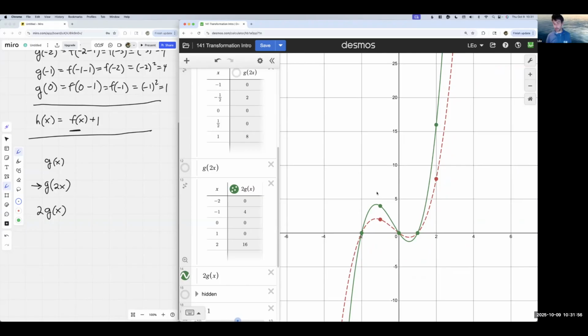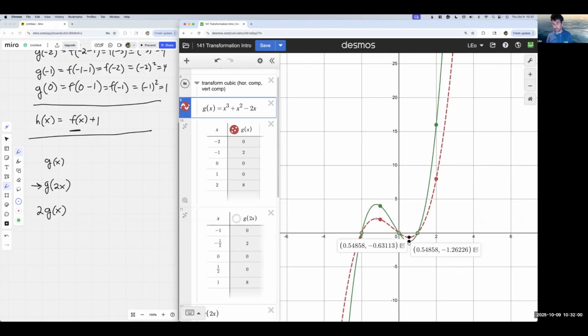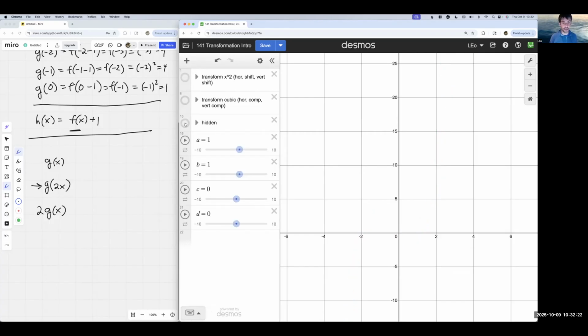So if a point is already below the x-axis, like these points down here, right? Then when we pull away, we get twice as far away, right? So if you look closely, these are the same inputs, and the green one has twice the output, -0.6 to -1.2, right? And every point does this, pulls further away. So we've stretched vertically.